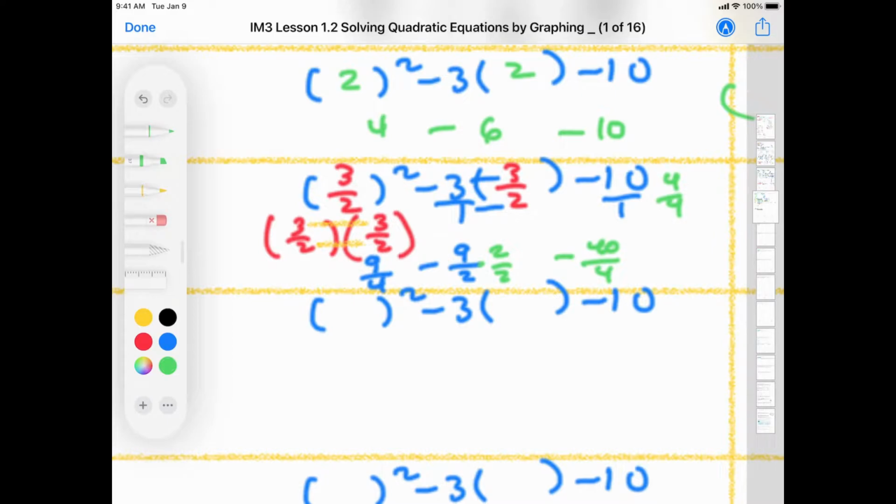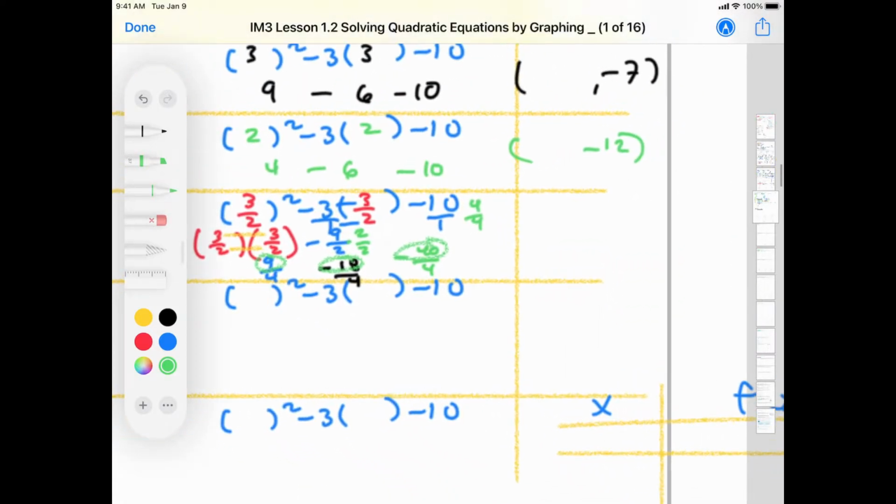So we all have a common denominator now, and then you can just do -9 minus 40, which is -49 over 4.